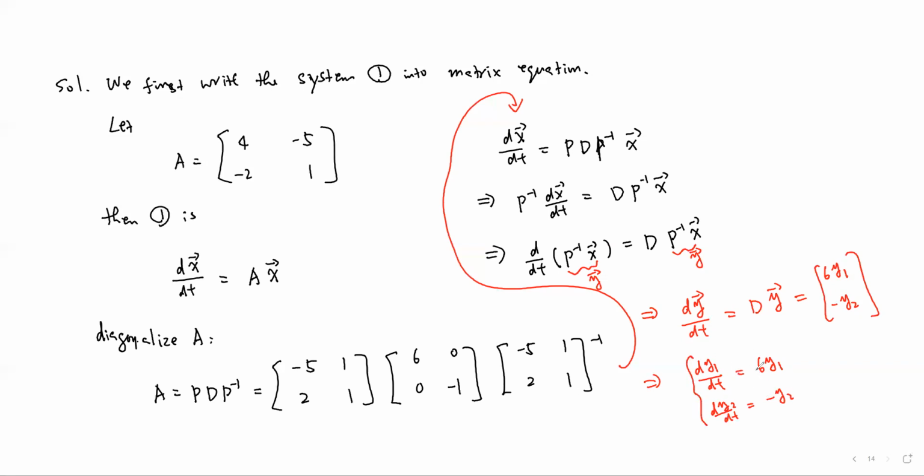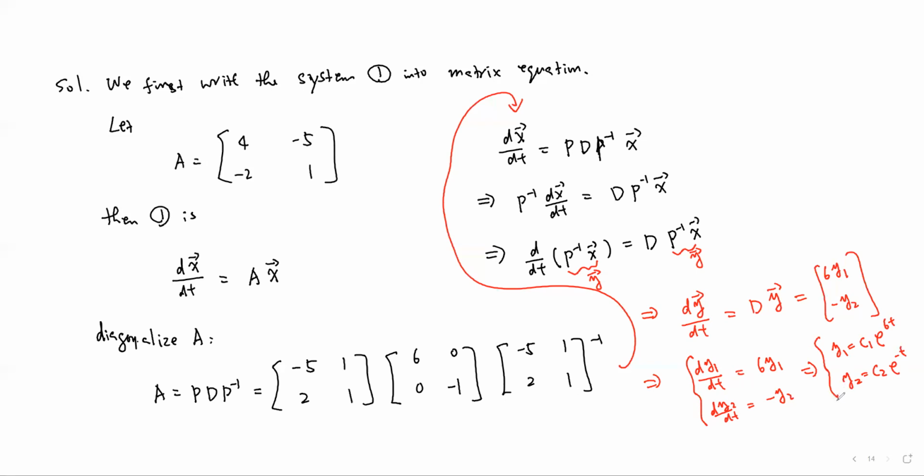So we have a system of two single differential equations. The solution of the first is y1 equals an arbitrary constant times e to the 6t. The second is y2 equals an arbitrary constant times e to the negative t.